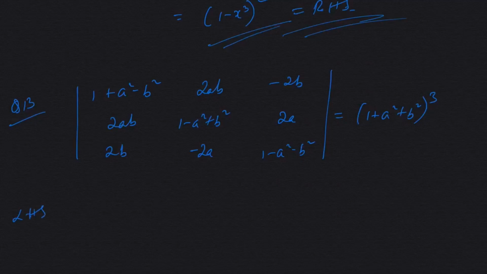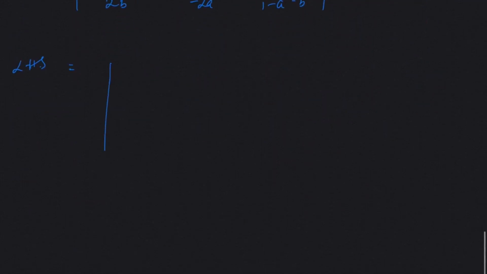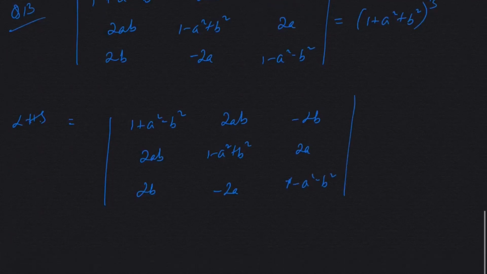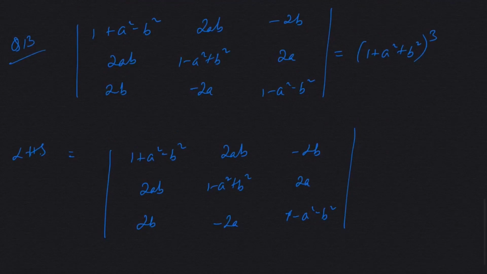So let us first note down the left hand side: 1 plus a square minus b square, twice ab, twice b; twice ab, 1 minus a square plus b square, minus twice a; minus twice b, 2a, 1 minus a square minus b square. Now what do we have in the proof here? 1 plus a square plus b square whole cube.